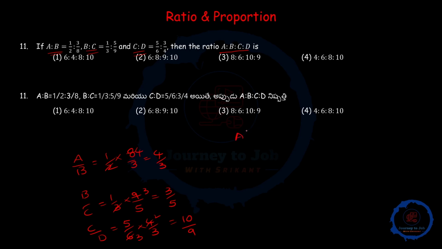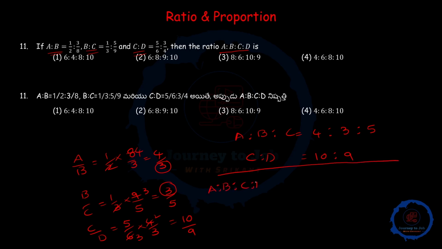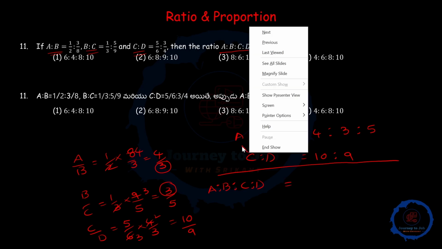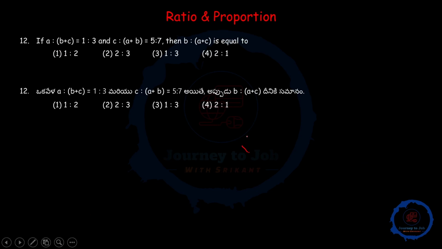Now find c. Here b is 3, here b is 3. So a is to b is to c directly is 4 is to 3 is to 5. Now c is to d is how much? 10 is to 9. So finally how do we get a is to b is to c is to d?